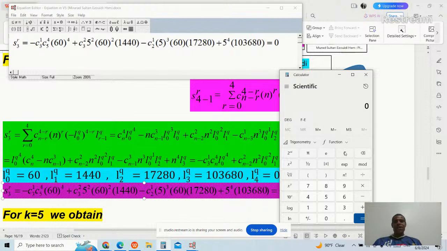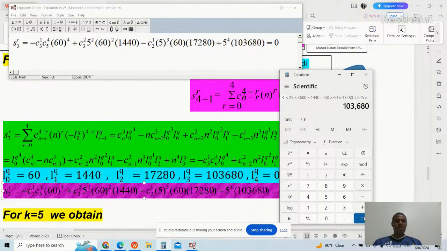I'll just erase everything. I will start from 3 times 5, which is negative 15 because there is a negative 5, times 60 raised to the power 4, plus 3 times 25 is 75, times 60 squared, which is 3600, times 1440, minus 2 times 125, it will be 250, times 60, times 17,280, plus 5 raised to the power 4 is 625, times 103,680.